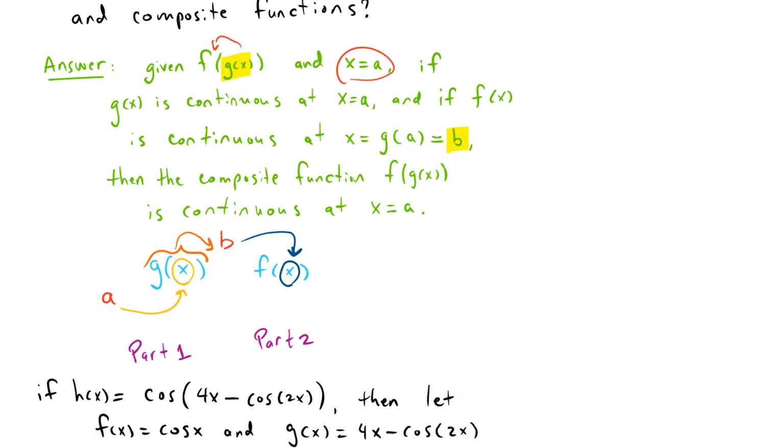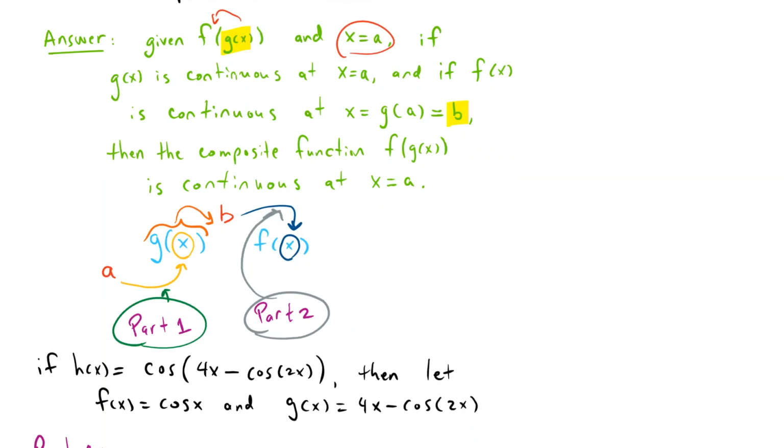The first part is when a is put into g. We need to know if g is continuous at a. The second part is where b is put into f. We need to know if f is continuous at b. If those two parts check out, then f of g is continuous at a.